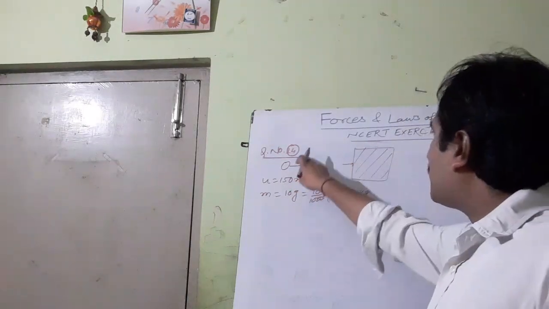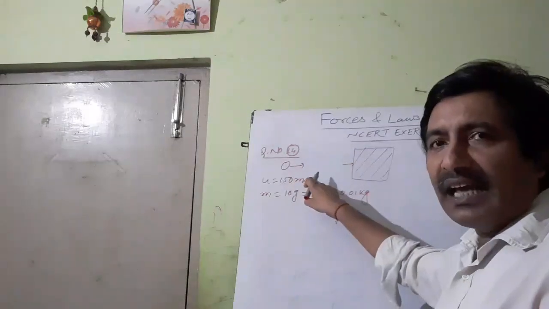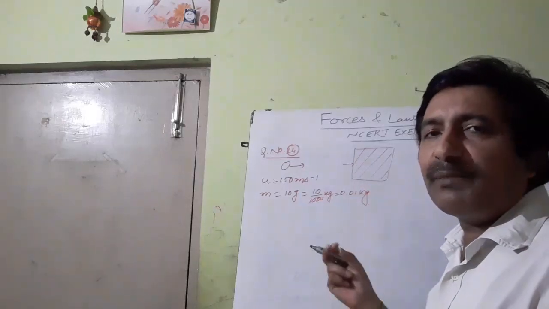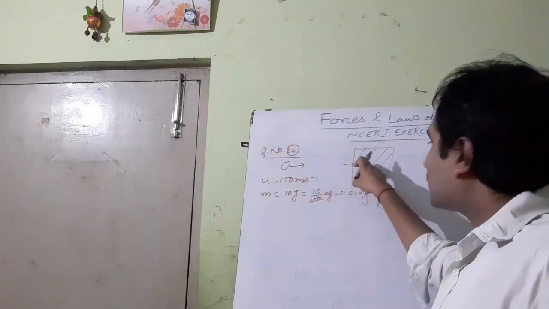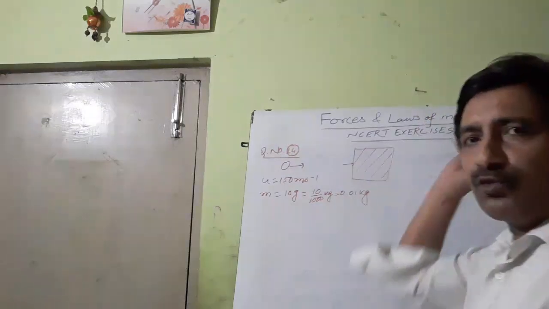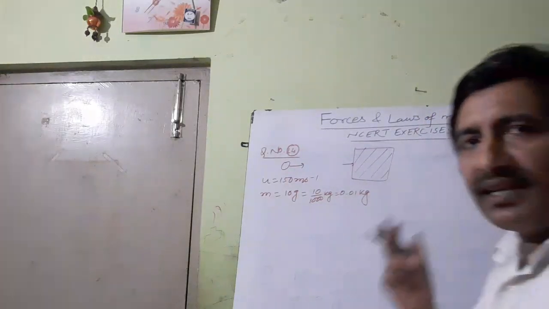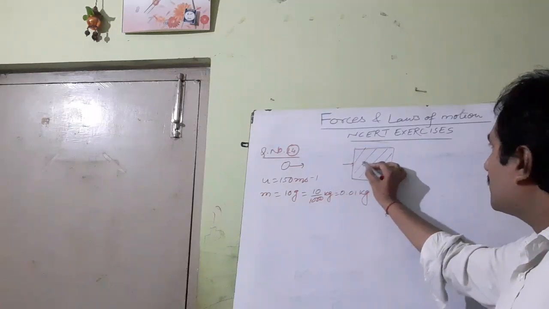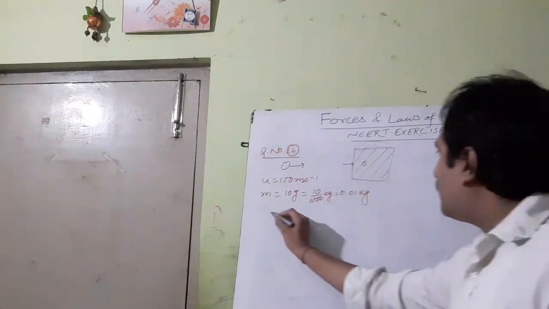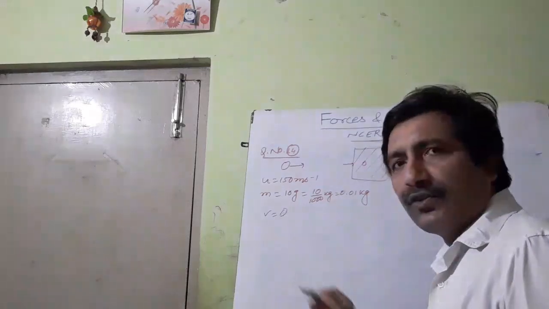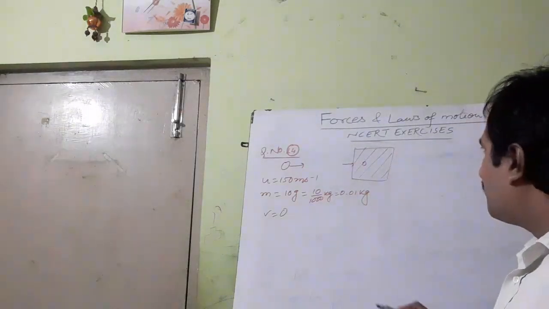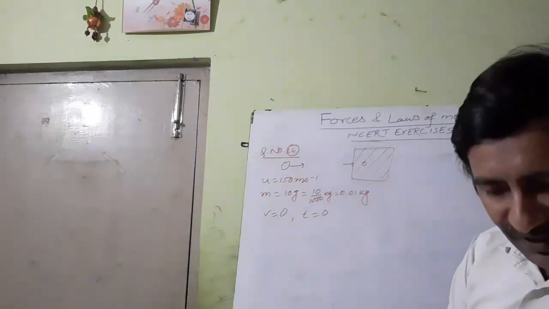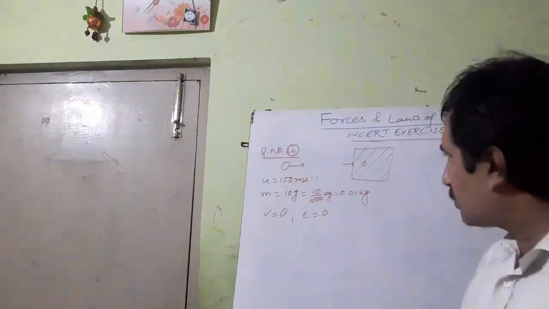So whatever is its velocity here, 150 meter per second, that will be the initial velocity u when it strikes the wooden block, and it comes to rest. Suppose it comes to rest at this position. So final velocity becomes v is equal to 0. Final velocity is 0, and time is given as 0.03 second.